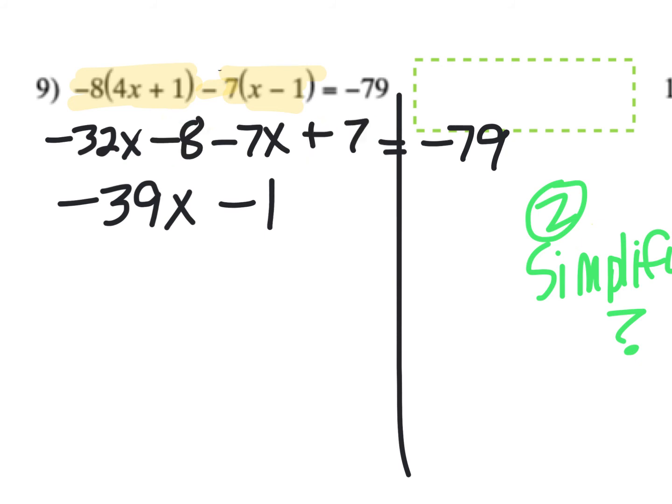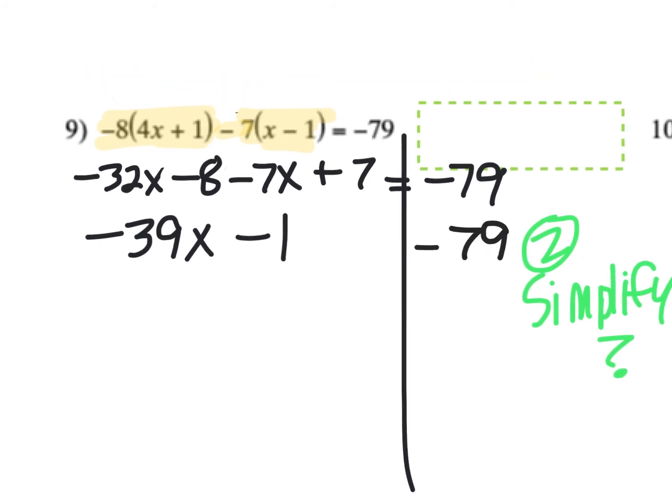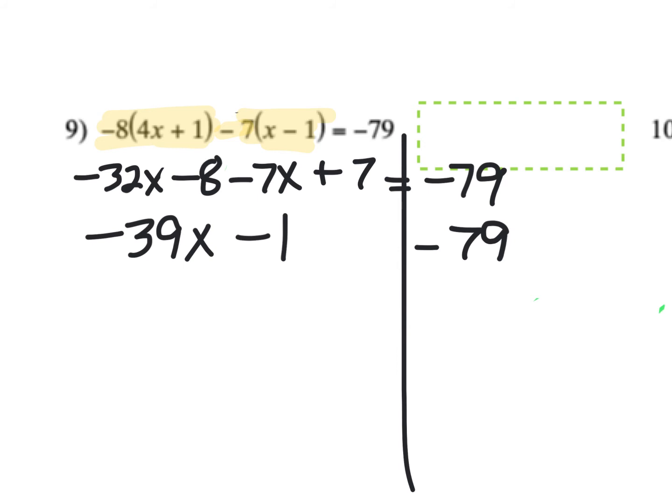And so now that we've got that left side a little more simple, I'm going to bring down everything. So we were able to do a little bit of simplifying there. And so now, after we've simplified on one side, the last bit is that we need to isolate that variable. We need to get that variable all by itself.